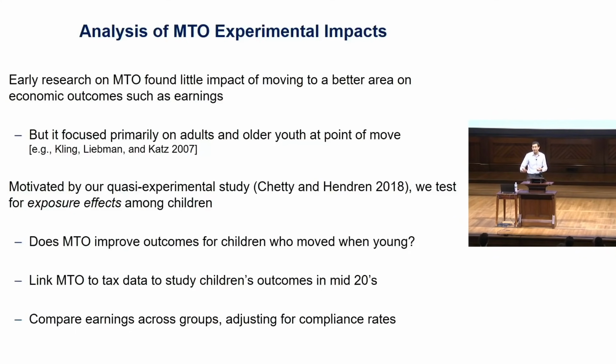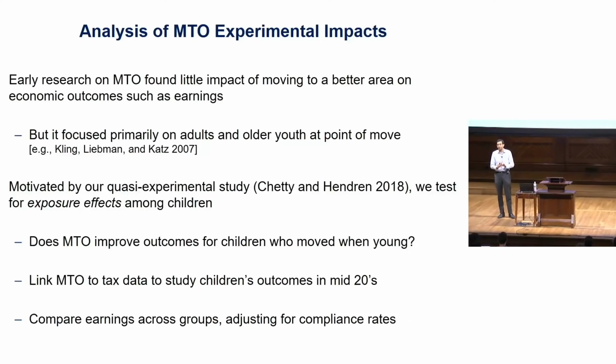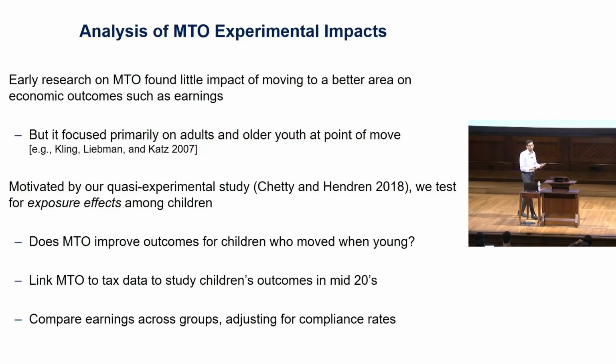So very naturally, if you're going to do an evaluation, you're going to tend to focus on the people for whom you have data, who are going to be the adults who are working and you can directly look at their outcomes, and the older youth for whom you can measure things relatively early in their careers.